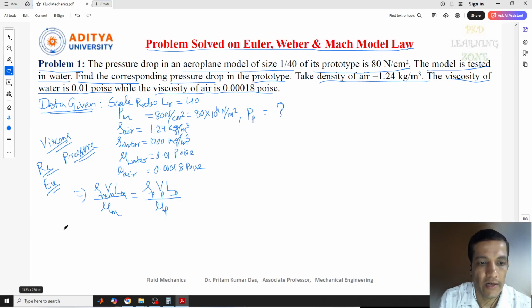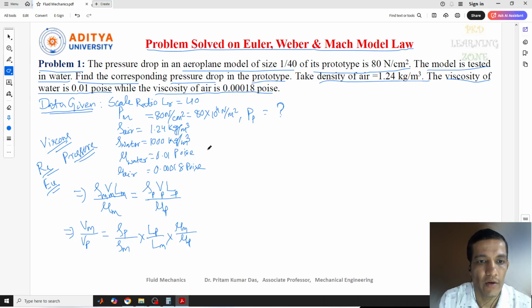Now from this we can write Vm by Vp, taking Vp to the denominator, equal to rho p by rho m, then Lp by Lm, and mu m by mu p.